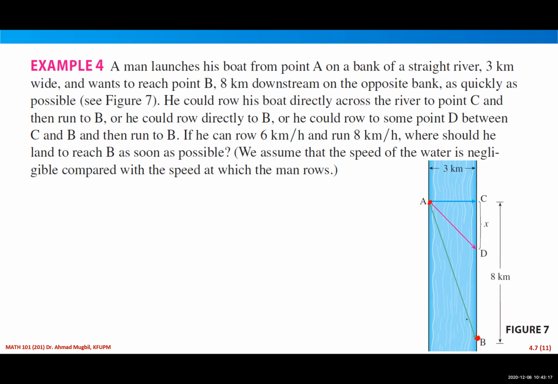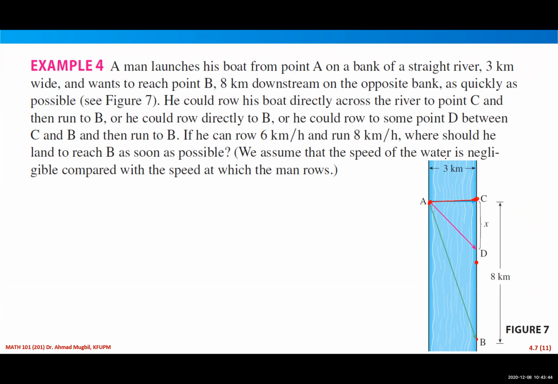He can go through the river, or he has an option to cross the river and then run, or of course the third option, that he can go to some point here. He can row by using his boat to a point here, and then he could run to reach this point. So what do we have here?